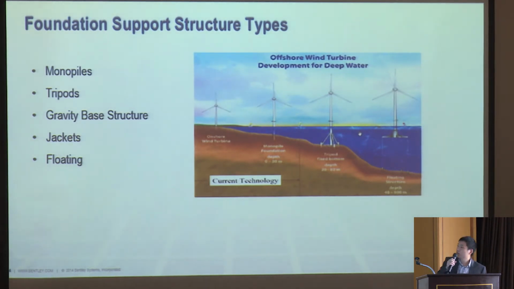Currently, there are a lot of different types of foundation support structures used in offshore wind. Here I have a list including monopiles, tripods, gravity-based structure, jackets, or floating system.